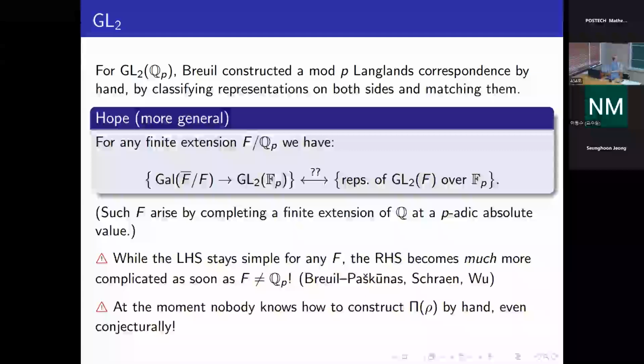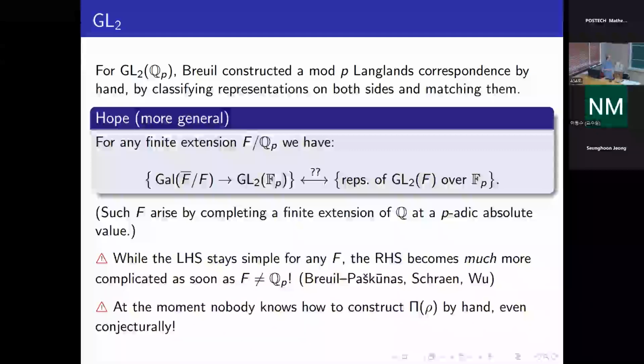What they realized is even if you study the irreducible representations of GL2(F) over the field Fp, they become perhaps unclassifiable. I mean, they constructed huge infinite families of such representations.